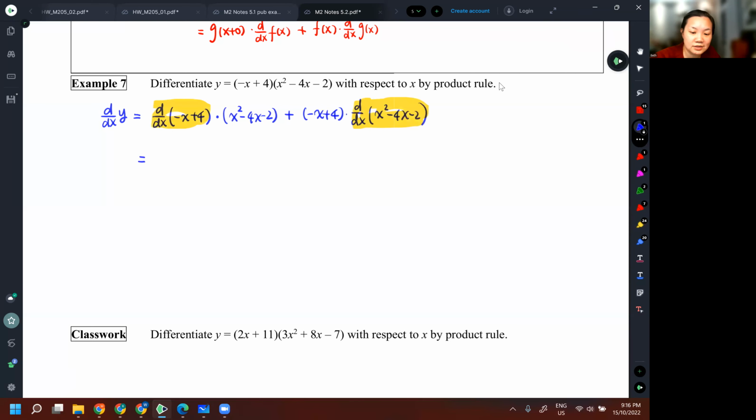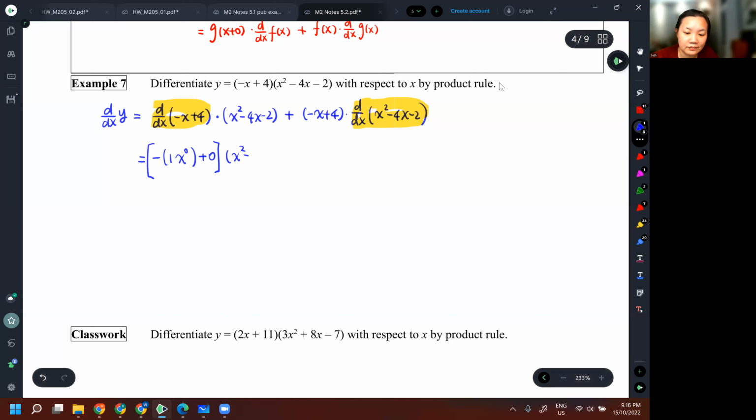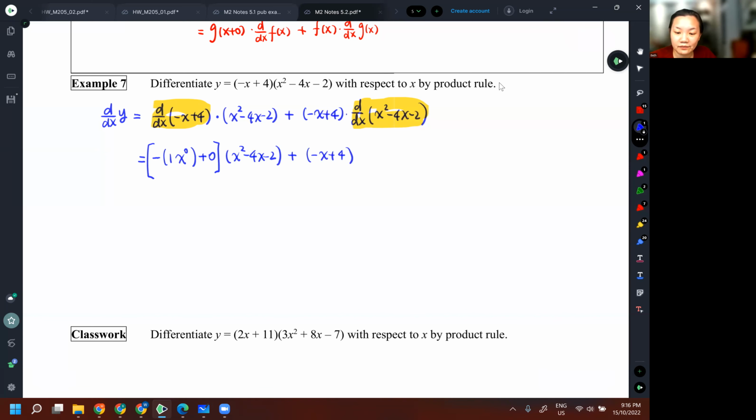Okay, for the first one is negative, and then x is 1, x to the 0, and then plus 4 is 0. Do you know what I mean? I'm not writing all the steps now. And then multiply the second one. Plus negative x plus 4, that's the first one, and then the derivative of the second one.